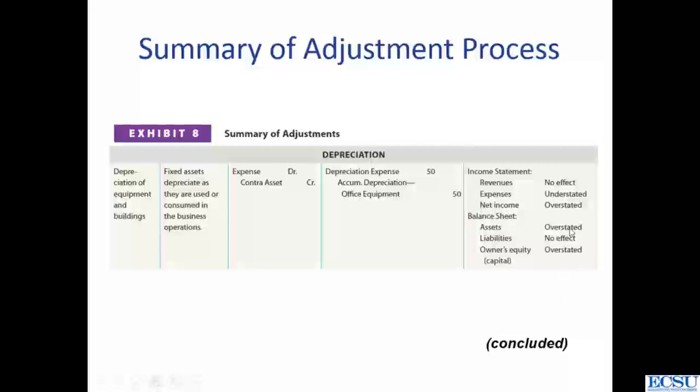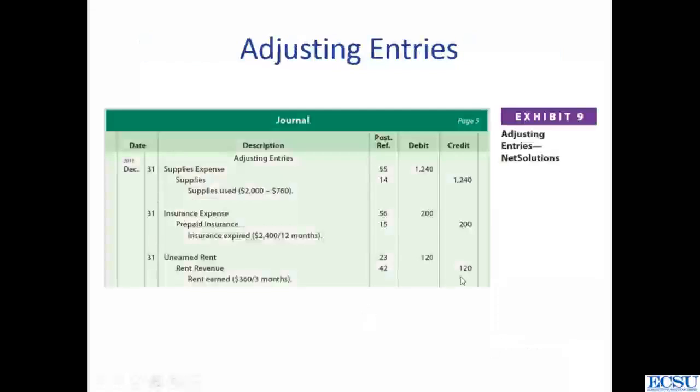And in case of an asset, if you don't do this journal, you won't be reducing the asset. Therefore, you would be overstating the asset. Owner's equity is directly related to net income. Therefore, it is going to be overstated. So that is how you would be doing the adjustments.